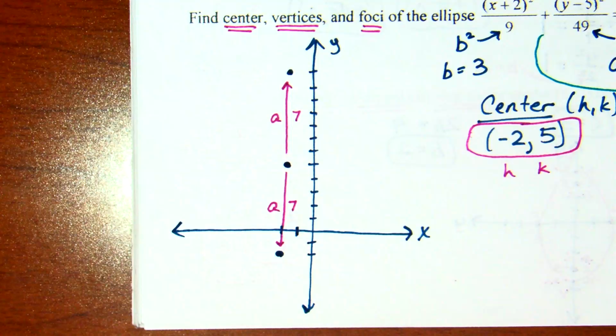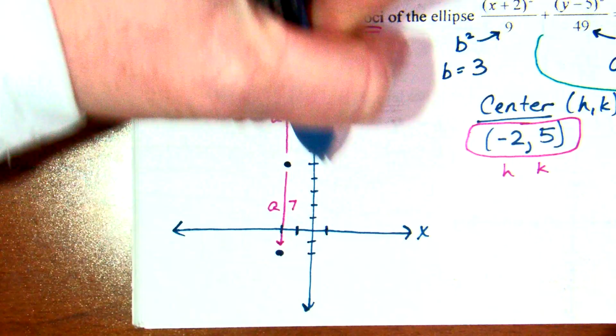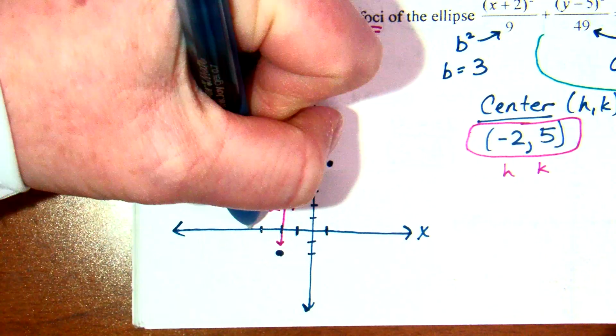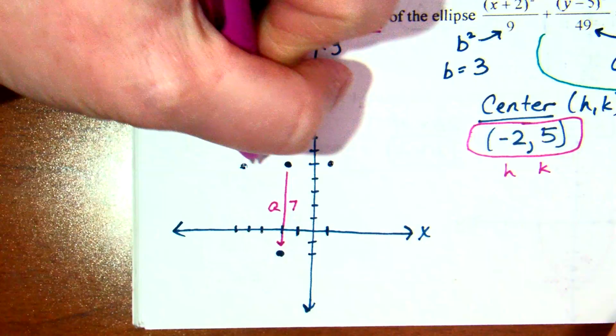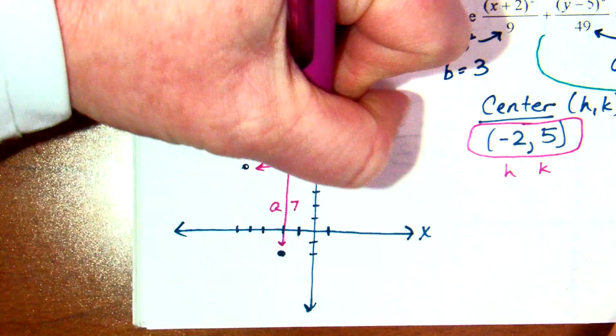X's run left and right. So that means I'm going to count 3 left and 3 right. And so by counting 3 left and 3 right, I used my B values.